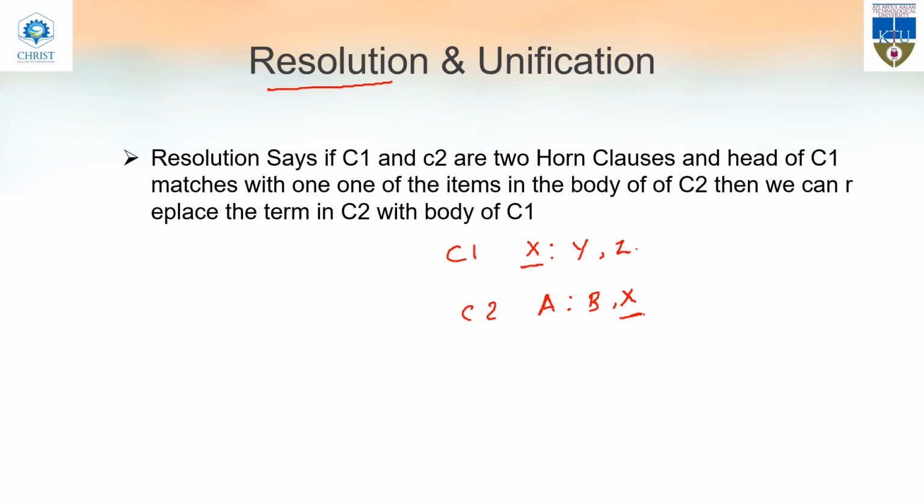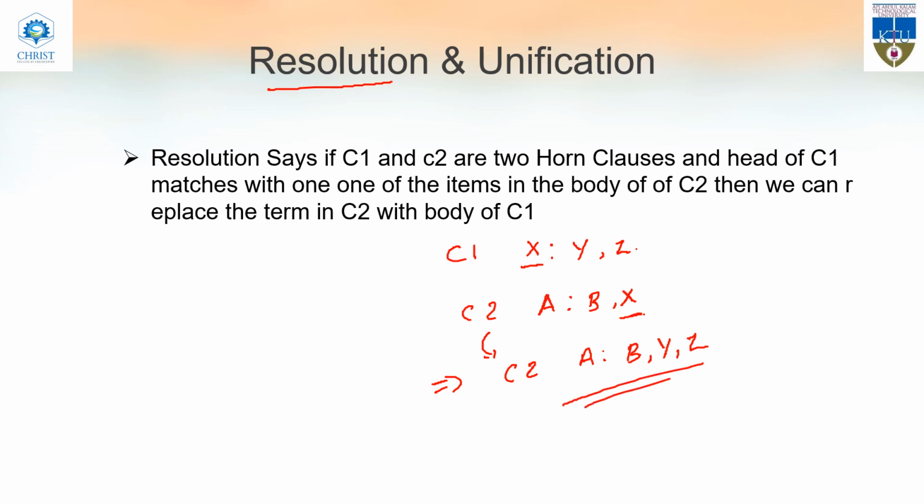So resolution says that you can replace the item in the body with the body of C1. That is, you can rewrite C2 as A, B, and you can replace this H with Y and Z. So it can be Y comma Z. This is what resolution says.